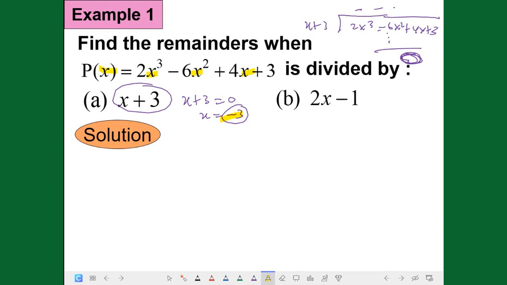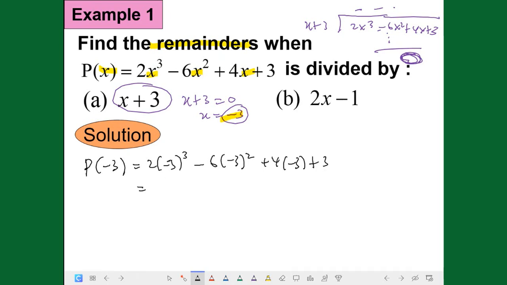This is using the remainder theorem. Easy, just substitute. P(negative 3) equals 2 times negative 3 cubed minus 6 times negative 3 squared plus 4 times negative 3 plus 3. Then calculate: negative 3 cubed is negative 27, so 2 times that is negative 54; negative 3 squared is 9, and 6 times 9 is 54.